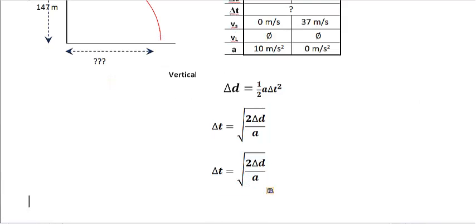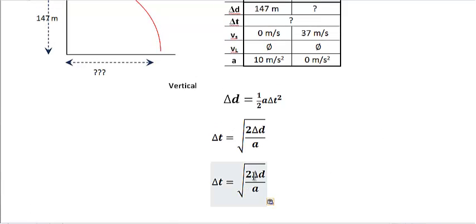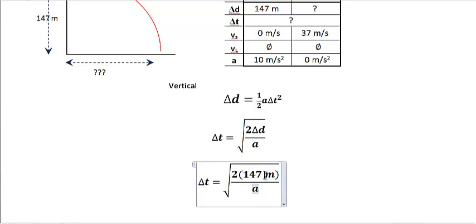I can't get all this on the screen at the same time because that would be too easy. There we go. We can cheat it a little bit. The 2, this becomes 147 meters. Acceleration is 10 meters per second squared.